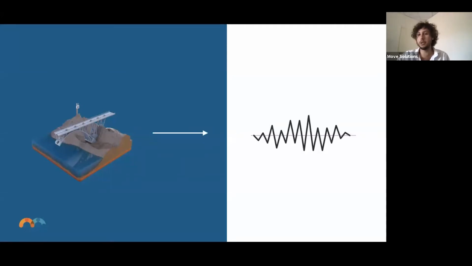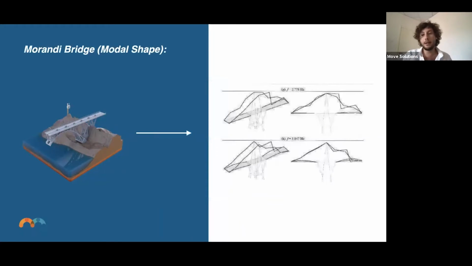That is really interesting. Right now, one of the parameters in this vibration analysis is called modal analysis, because we take into account a parameter called the modal shape. Modal shape, modal frequency, we'll talk later about what they are. But to have an idea, the modal shape is how vibration runs through my structure.